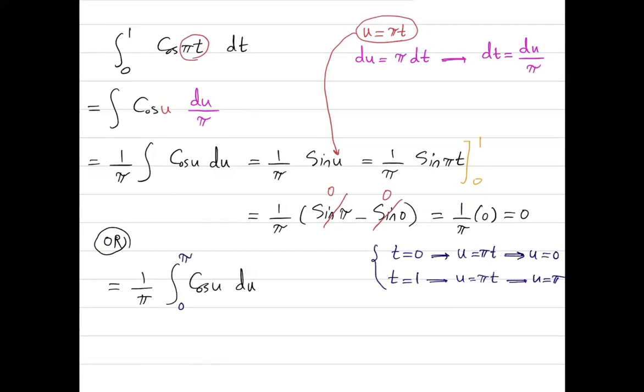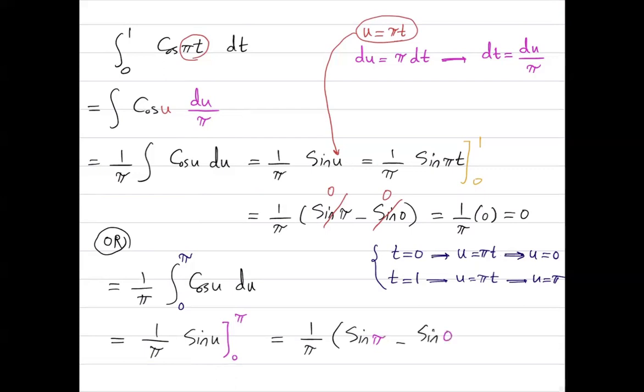And you can keep this as u and work with u instead of t. So this becomes 1 over pi sine u, and the bounds are 0 to pi, which in turn is equal to 1 over pi times sine of pi minus sine of 0.